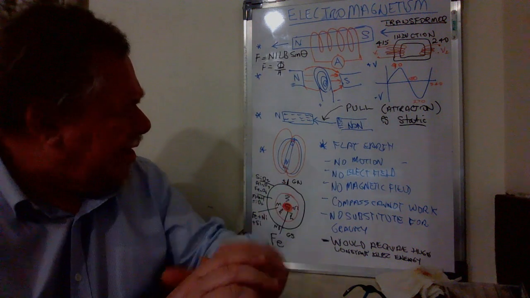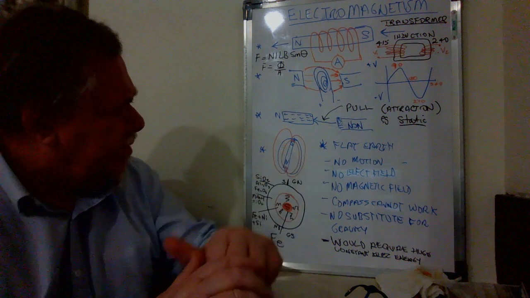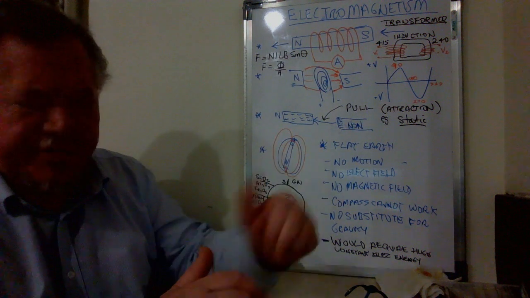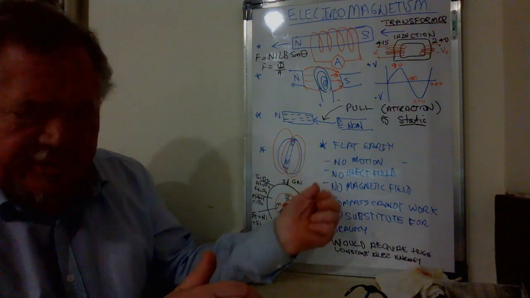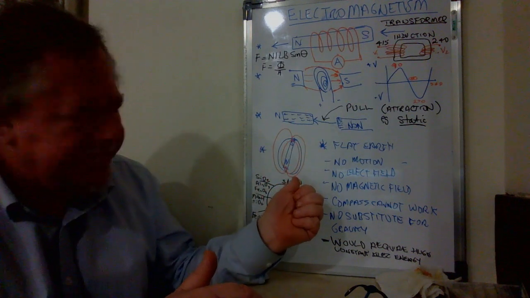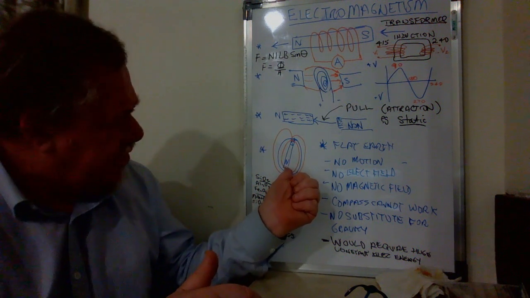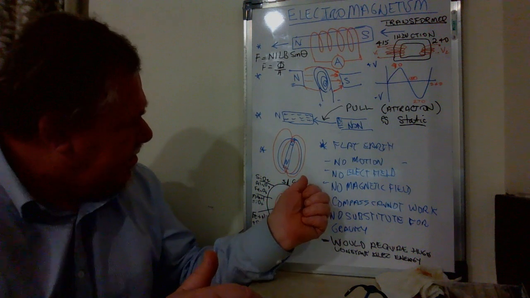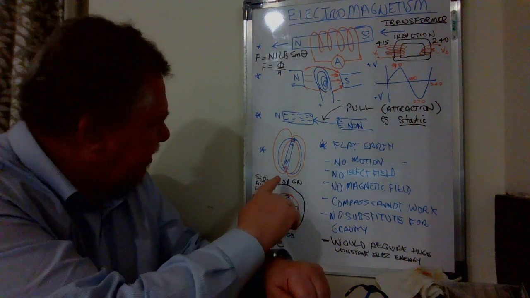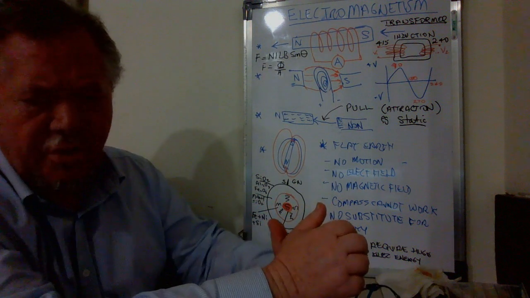Okay, what have we got here? We have the Earth. You can visualize that the Earth has a magnet through the center of it like this, and the magnetic field of the Earth goes around from the North Pole into the South Pole. And you'll notice, as I said in my last video, I'll repeat it, that the magnetic north is actually at our geographic south, and the magnetic south is actually at our geographic north.